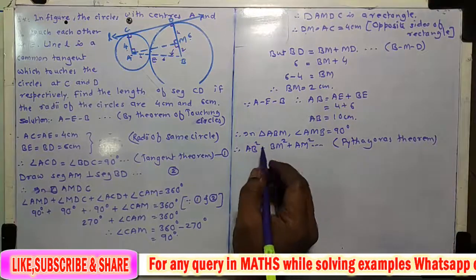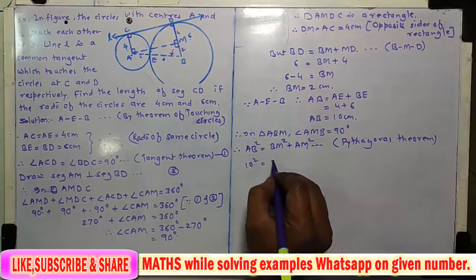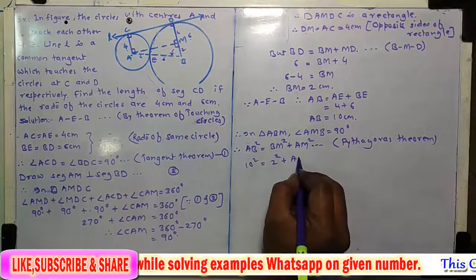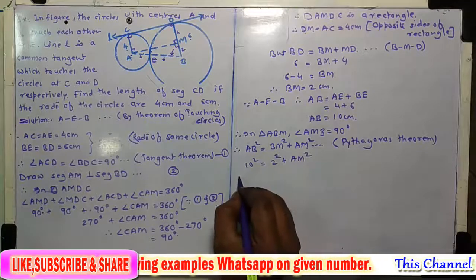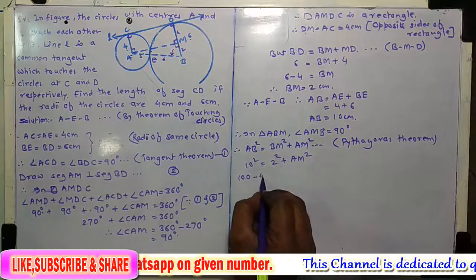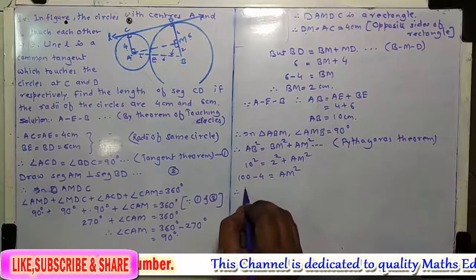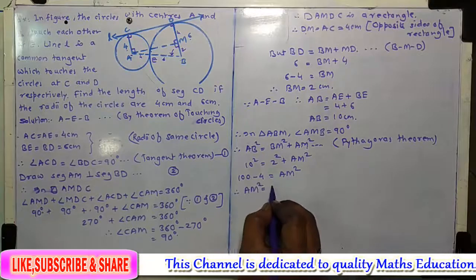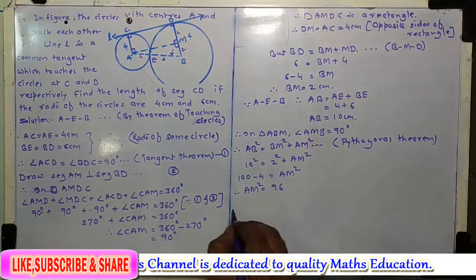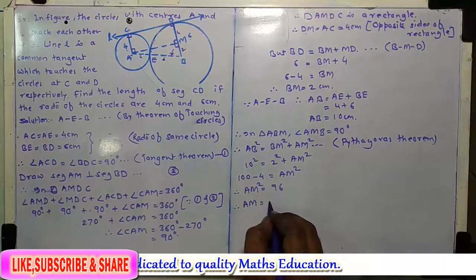Okay, just substitute the values. AB, that is 10 square, is equal to BM, that is 2 square, plus AM square, we have to find AM. So this is the 100. Now 2 square is 4. On the left hand side it will be minus 4 is equal to AM square, and therefore AM square is equal to 96.